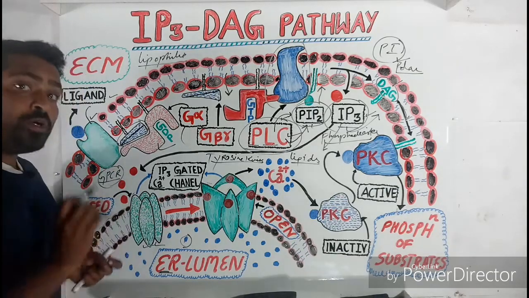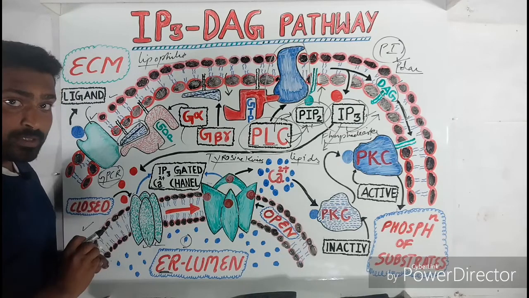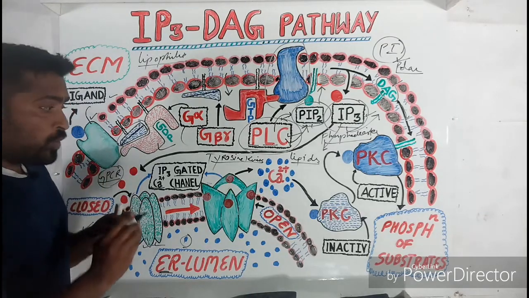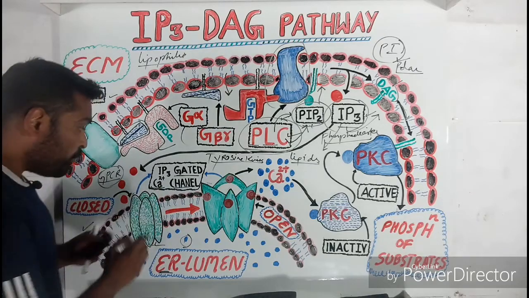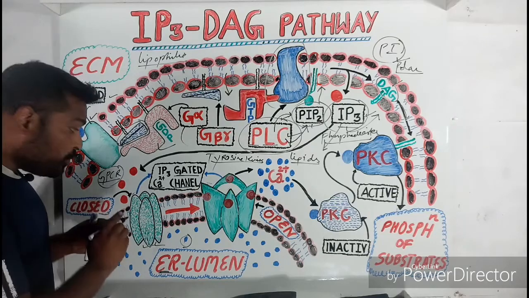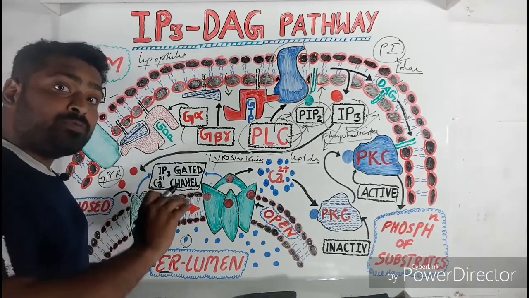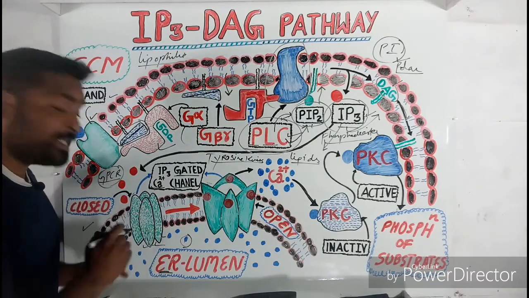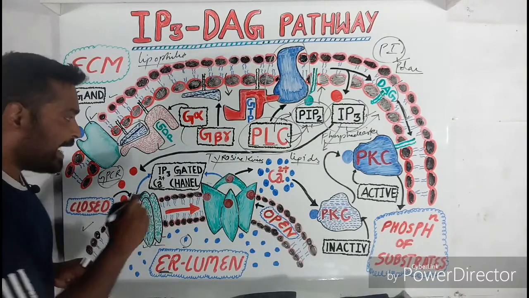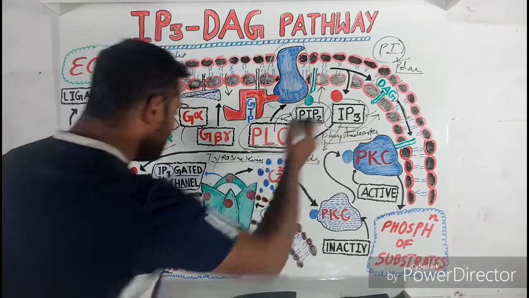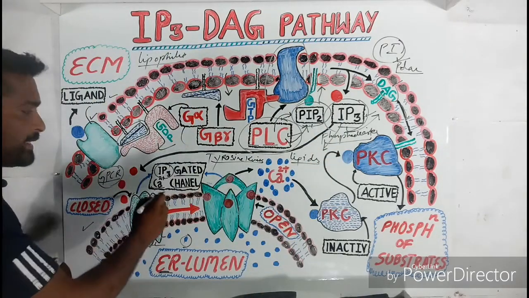For this channel to be opened, there is a condition, and that is the binding of those molecules for which this channel has been designed. It would open only when those molecules bind to this channel for which this structure is designed, and that is the IP3 which we just synthesized. So this is the IP3 gated calcium channel.